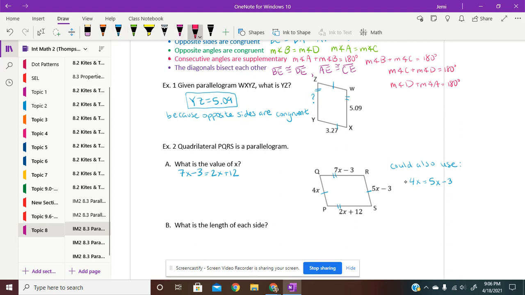So when I solve this, I've got 7x on the left and 2x on the right. I want to get all of my x's in one spot, so I move the 2x over by subtracting it. 5x minus 3 is equal to 12. I want x by itself, so I start moving everything away from the x. 5x is equal to 15.